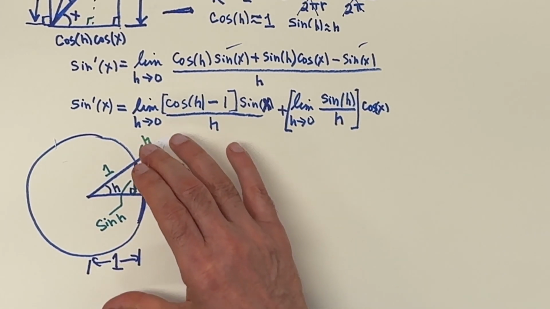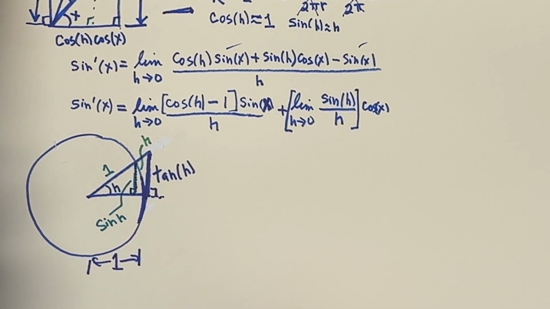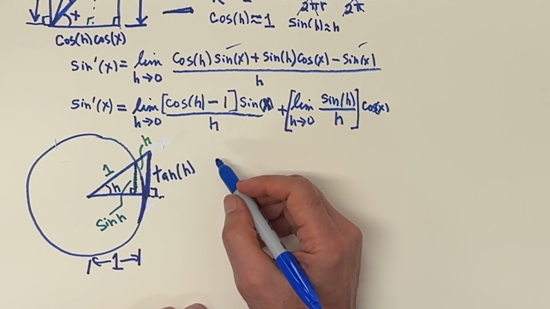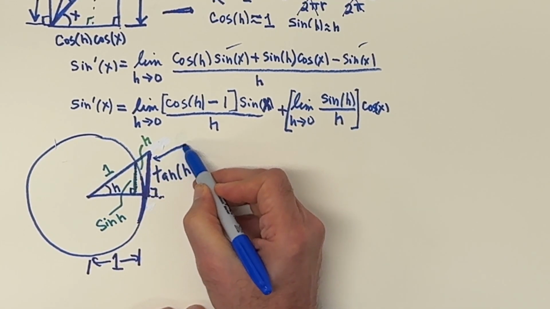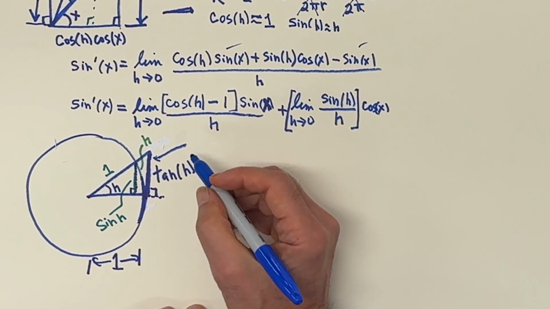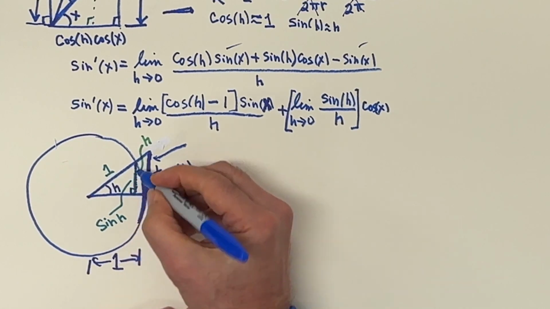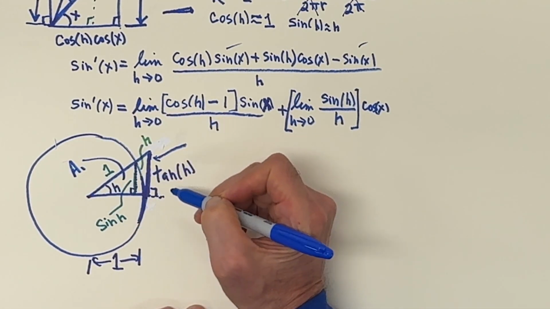Now what's going to happen when we get smaller h? This is the trick. Well, let's look at some areas here. Let's say that we have this large area of this triangle, and we're going to call that area A3. The area inside, the smaller one, let's call that area A1, that little triangle.